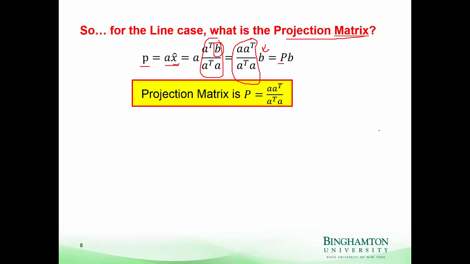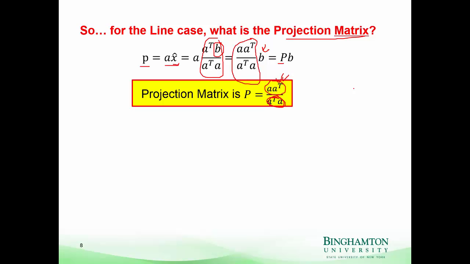So there's our projection matrix. Why is that a matrix? Well, look at the bottom. The bottom is just a norm. It's the length of A, so that's a scalar. See, at the bottom I got A transpose A, which gives me a scalar. The bottom is a so-called inner product. The top is a so-called outer product. It's a column times A transpose, a row.